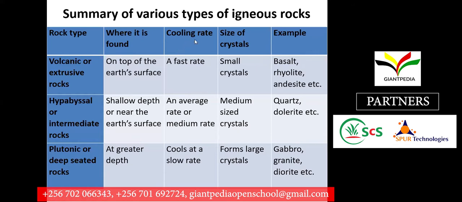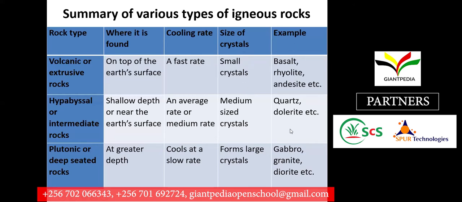And they may also be categorized in terms of their rate of cooling: those which cool very fast, those which cool at a moderate rate, and those which cool at a slow rate, especially those which are deep-seated. Then also in terms of their crystal size, which depends on the rate of cooling. The higher the rate of cooling, the smaller the size of the crystals.